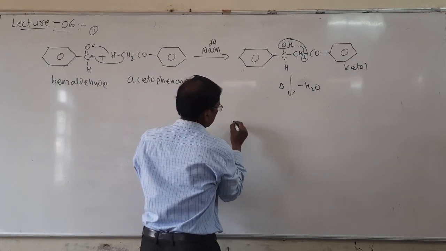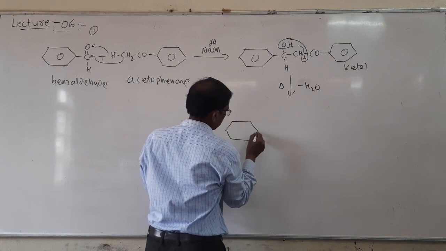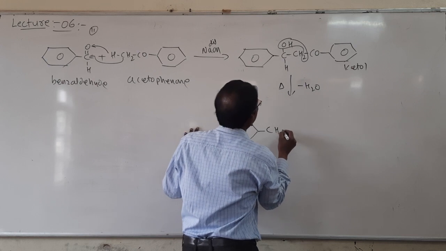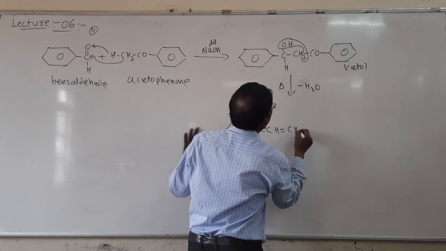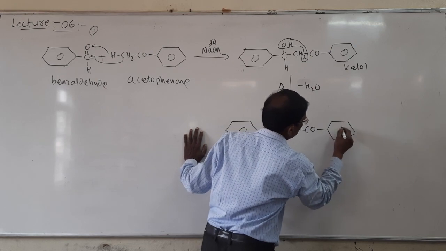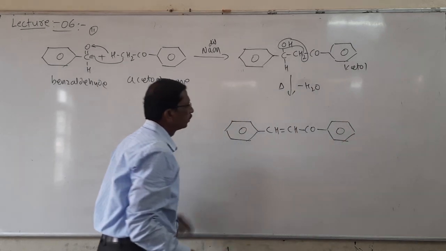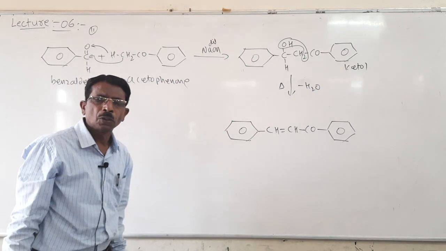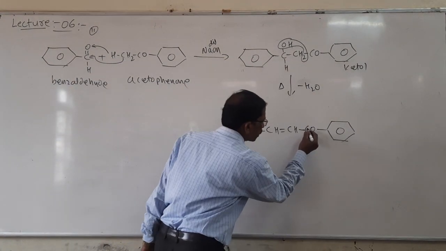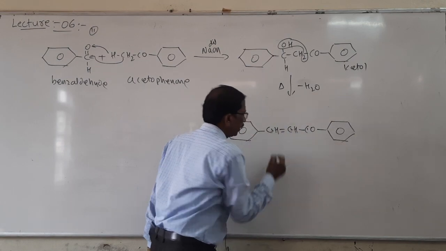Look here, then it forms CH=CH-CO. Look here students, it is the compound here. So what is the name of this compound? We know it is the longest chain, ketone, 1 2 3.